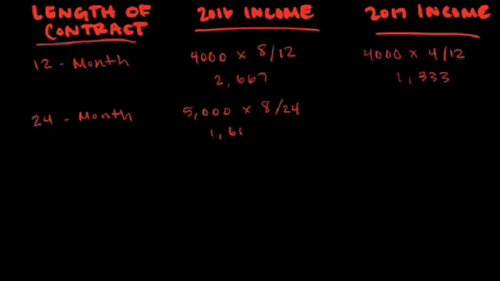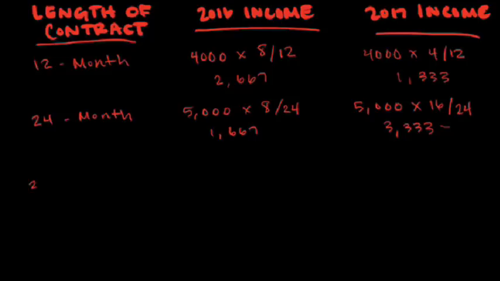That gives rise to $1,667 rounded for 2016, and for 2017 that gives rise to 16 months, the remainder out of 24, and that is a total of $3,000. Now that's if that money is totally completed in the following month.